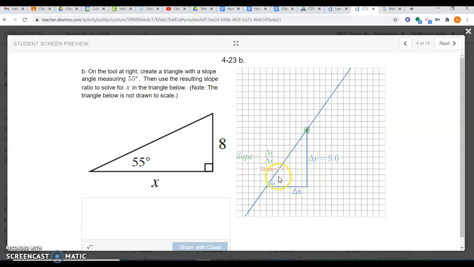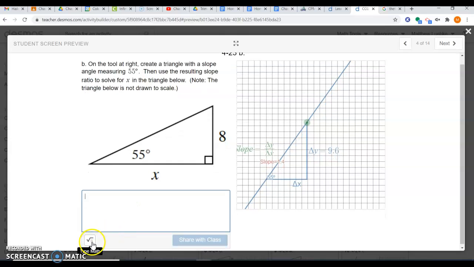But when you have that slope ratio, I want to see this in your work, so show everything very clearly. That would be 1.4 over 1, set equal to the ratio of the triangle, which would be rise over run, 8 over x.